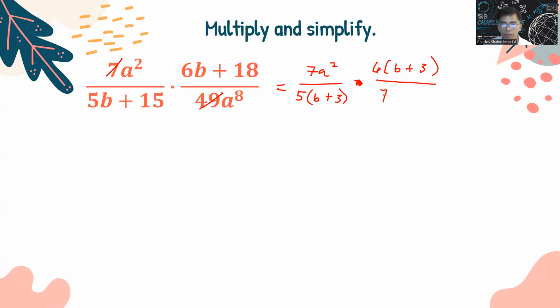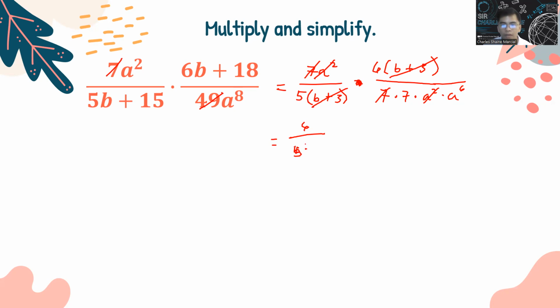We have 7 times 7 times a squared times a raised to 6. Okay? So, pwede na nating i-cancel yung 7 and yung a squared from numerator and denominator and yung b plus 3 from numerator and denominator. Now, ano na lang yung natitirang values? We have 6 over b.